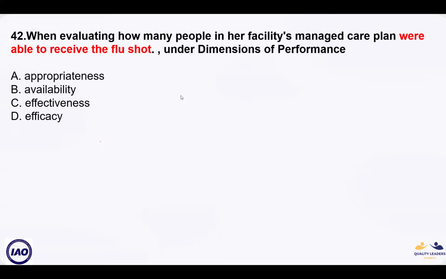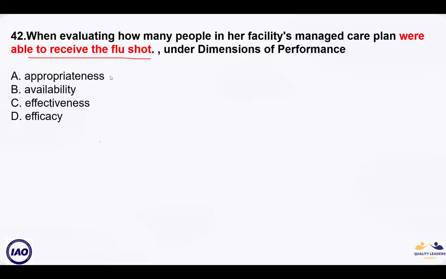Then which dimension of performance is it? Here the key is "were able to receive the flu shot," were able. It's not about not receiving, it's not about benefit, but how many were able to access it. So "were able to receive" is the clue here.